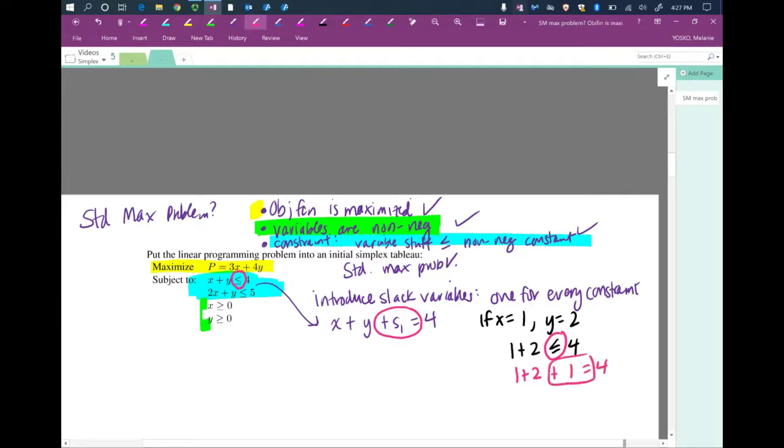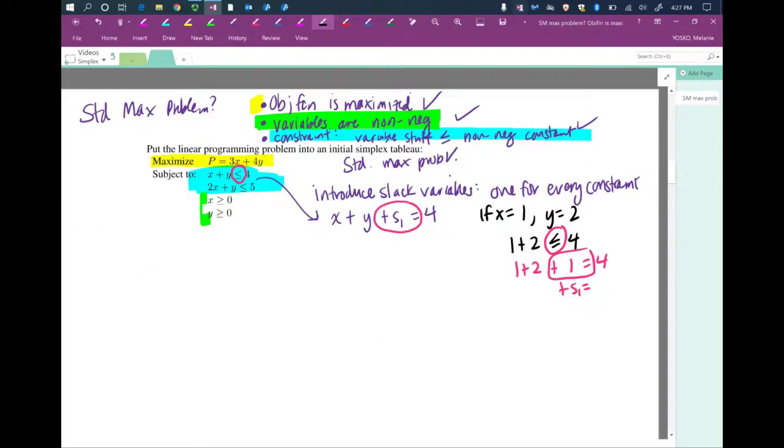You're replacing that inequality with a slack variable and an equal sign. Remember, x can be 0 or positive, so if x is 0, and even if y is 0, we'd get 0 plus 0 is less than or equal to 4. We could rewrite less than or equal to 4 as 0 plus 4 equals 4. We're replacing that inequality with plus some number equals.